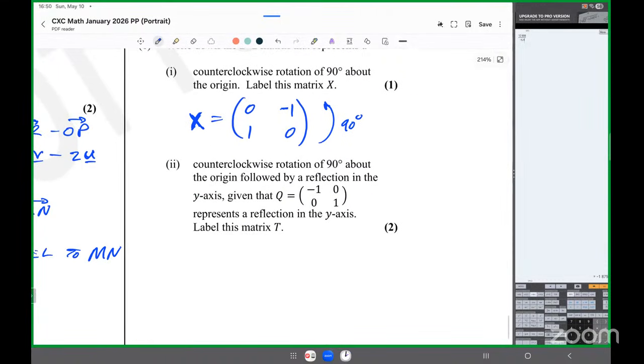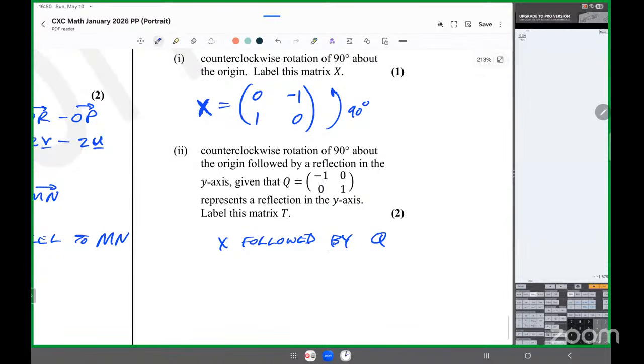Next one. They want a counterclockwise rotation about the origin, 90 degrees. That's this matrix, followed by a reflection in the y-axis. This is the base matrix for reflection in the y-axis. So what they want is an X followed by a Q. What is X followed by Q?